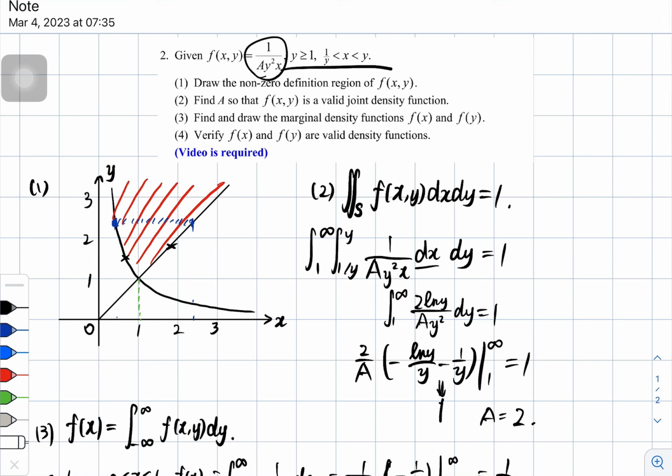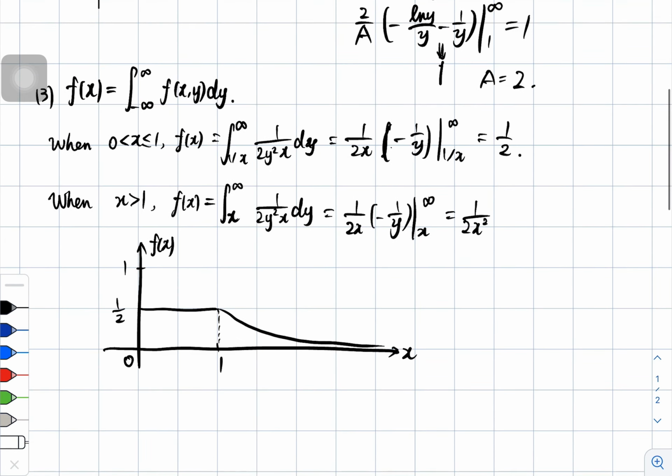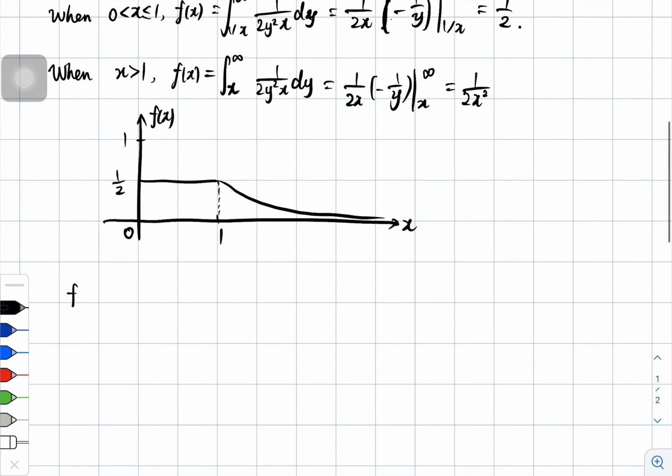Now we consider the fy. Similarly, fy equals the integral dx.